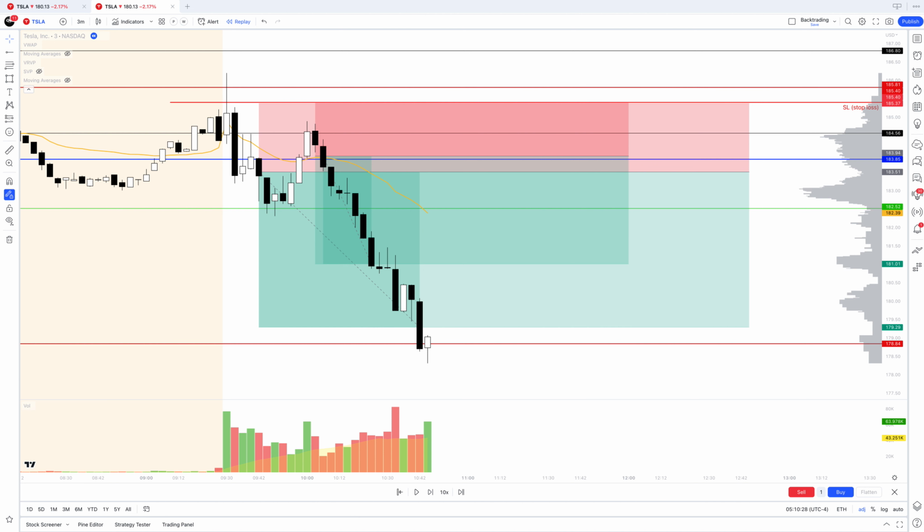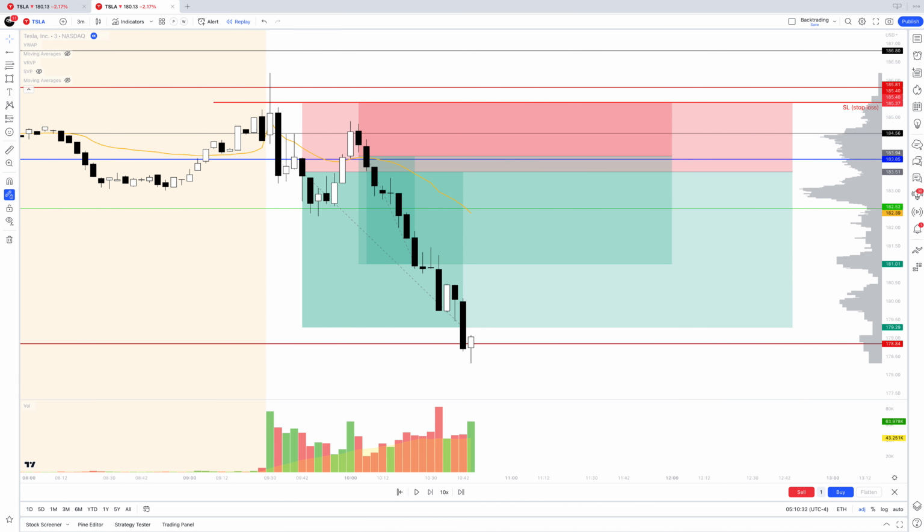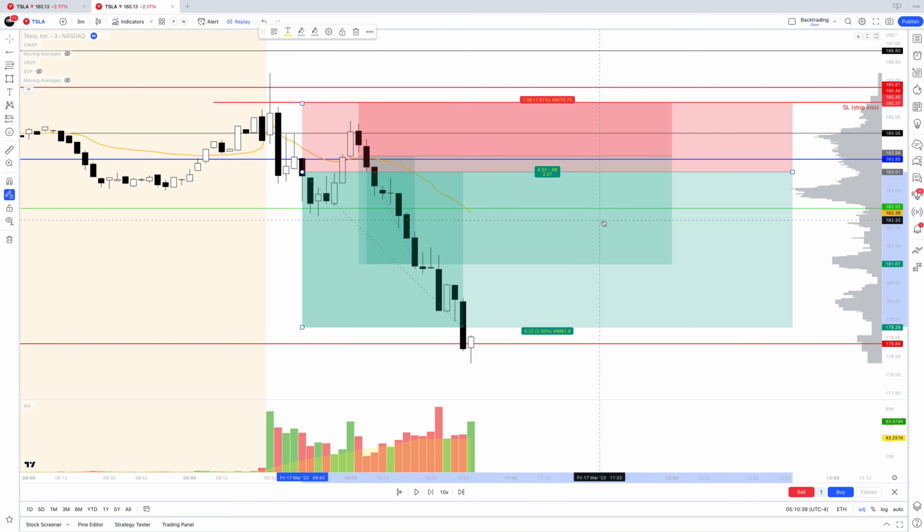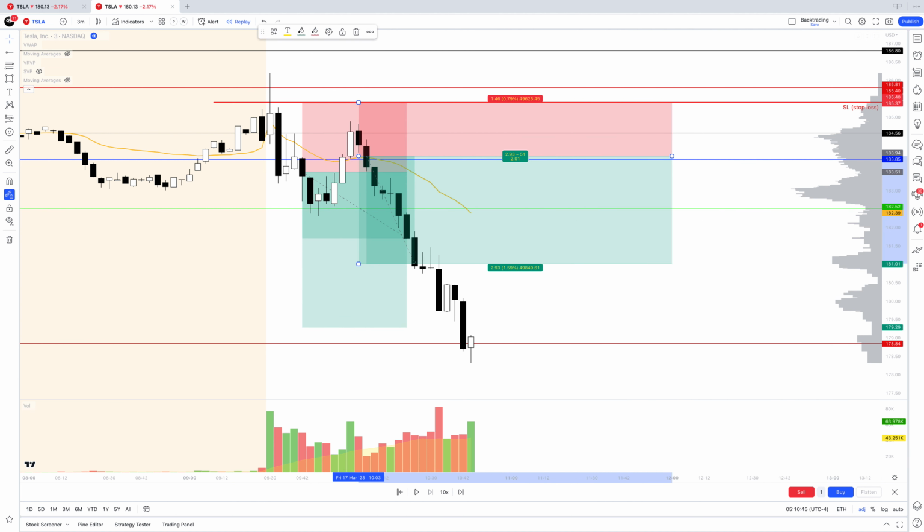Let's just work out our stuff for it. So this was a 2.27R trade. And this one was a... where am I looking? Oh, that's a 2R trade. There we go.